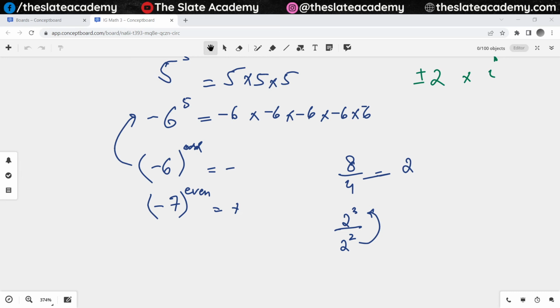So this would become 2 to the power 3 into 2 to the power minus 2. Okay? And that would leave me with the answer 2 to the power 1. And I know 2 to the power 1 would be 2 itself.